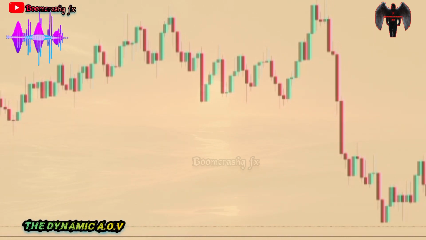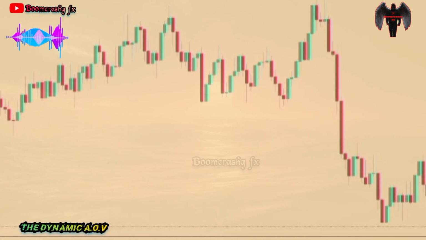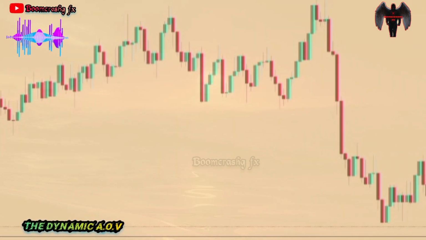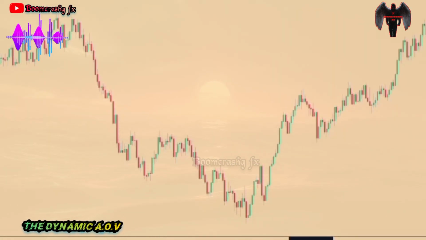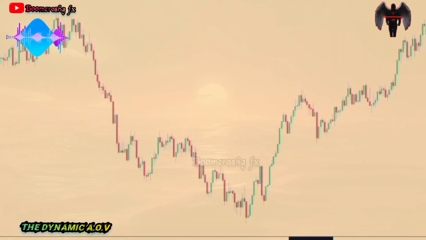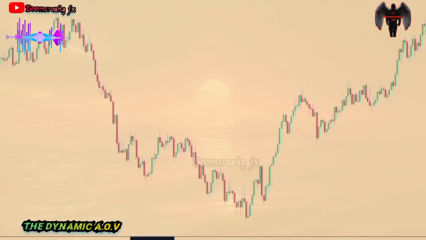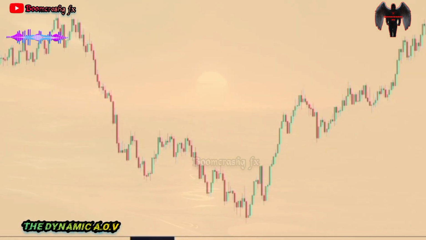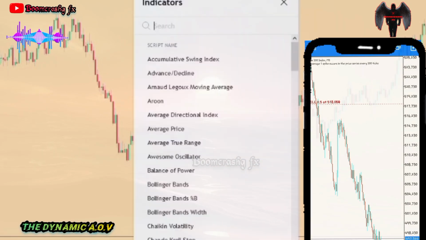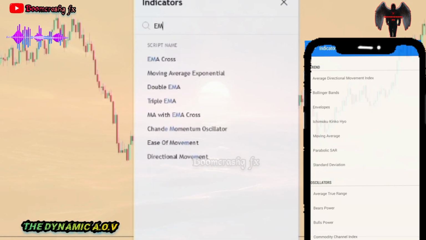Let's plot this indicator on a chart for us to know what I'm talking about. So let's plot our EMA on the chart, giving us that dynamic AOV in the market. Also, we have the settings for the mobile phone displayed for us. So let's go for our indicator. We search for the EMA.